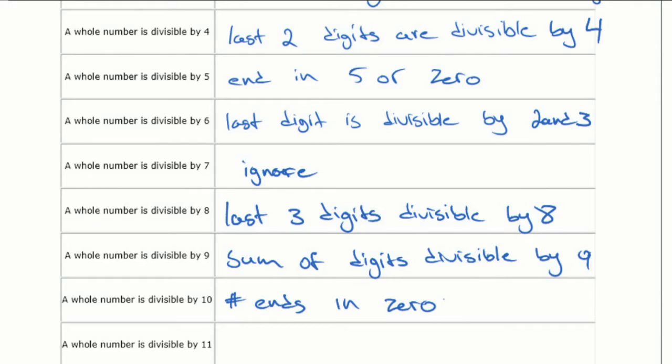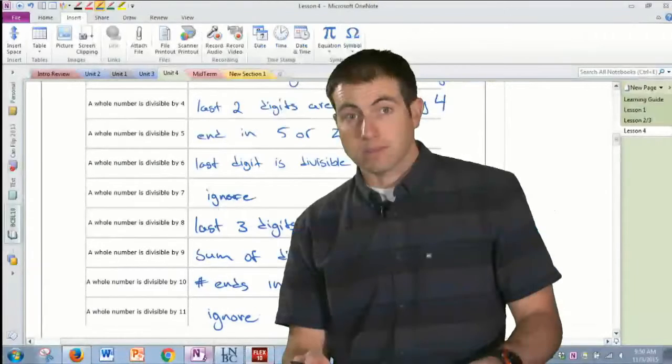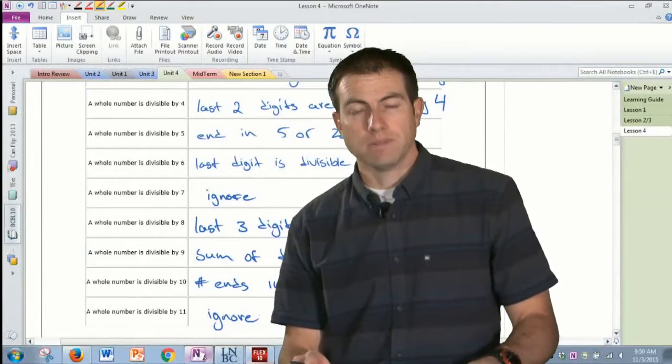And 10, you guys probably know that one, ends in 0. And 11, we're going to ignore as well because it doesn't have a fancy rule like the other ones. So there you go. Some divisibility rules for you.